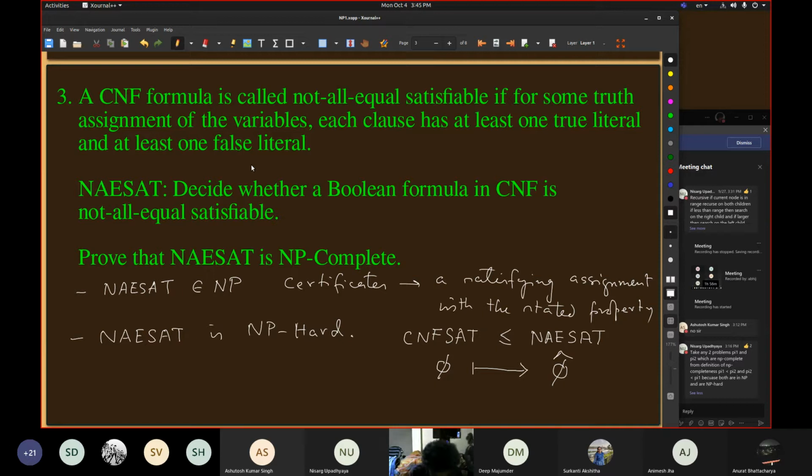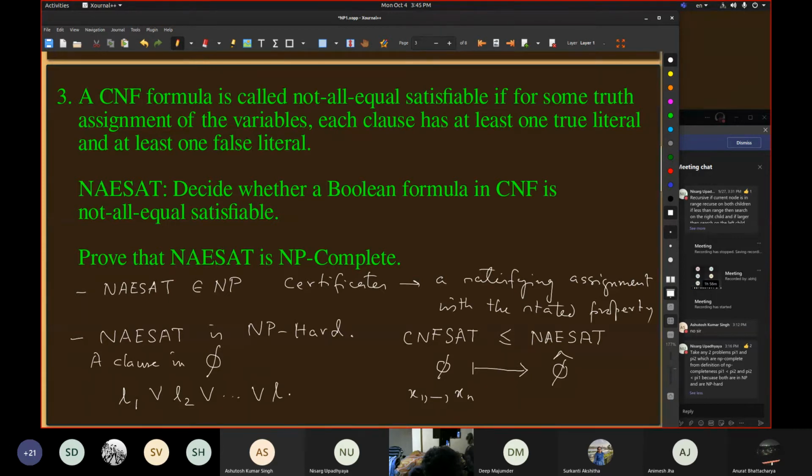Can I write here or go to another page? Anyway, let us take a clause in phi to be something like this. The variables, let us say x1 through xn, and the clause may be something like literal 1 or literal 2 or up to literal k.